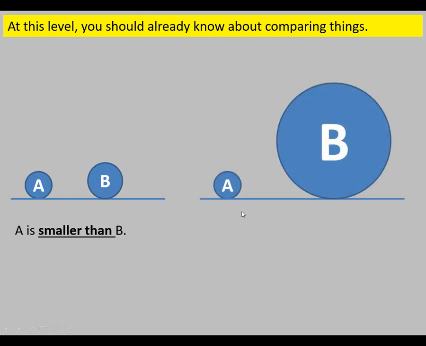But what about this? Do you see the difference between this A and B and this A and B? The differences are very big in the second one. So how do you talk about big differences like this?